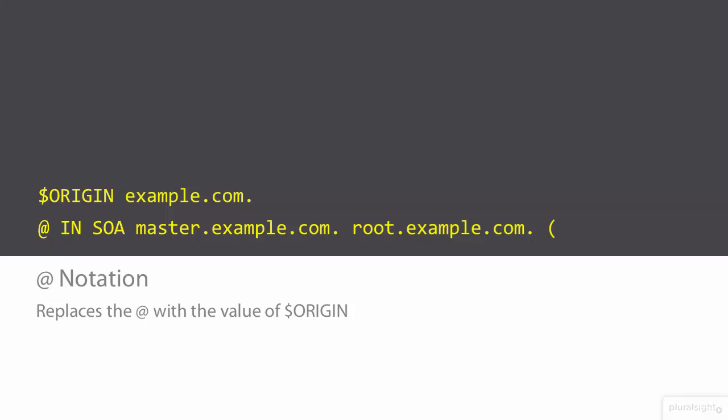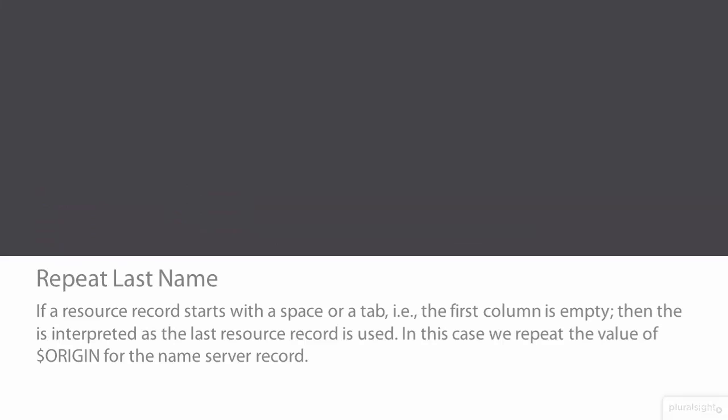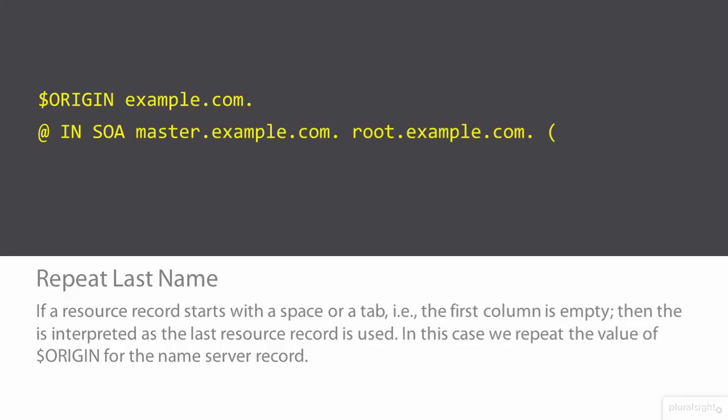But it doesn't stop at the @ symbol either. We could also use a space or a tab at the beginning of a resource record, so the first column. So again, if we've got something like this, and then the rest of the start of authority record, we've already seen the use of the @ symbol, but then for the name server record, which is often going to follow the start of authority, we could start it with a space, then NS master.example.com.